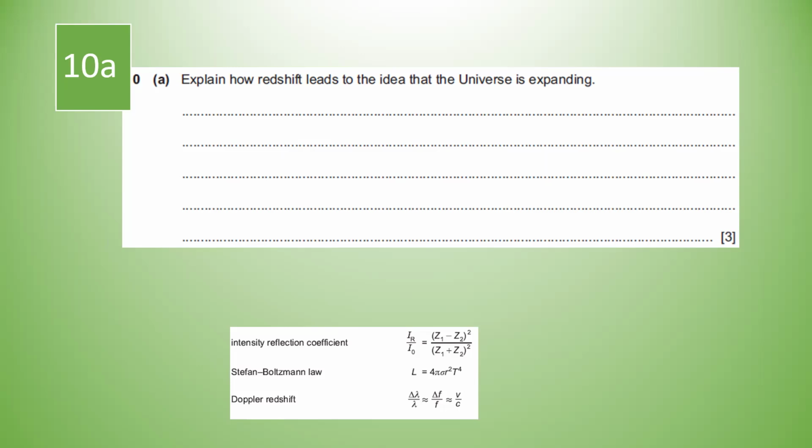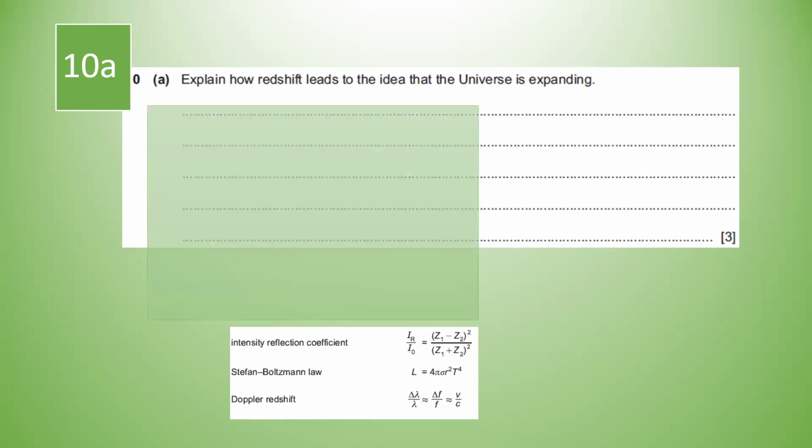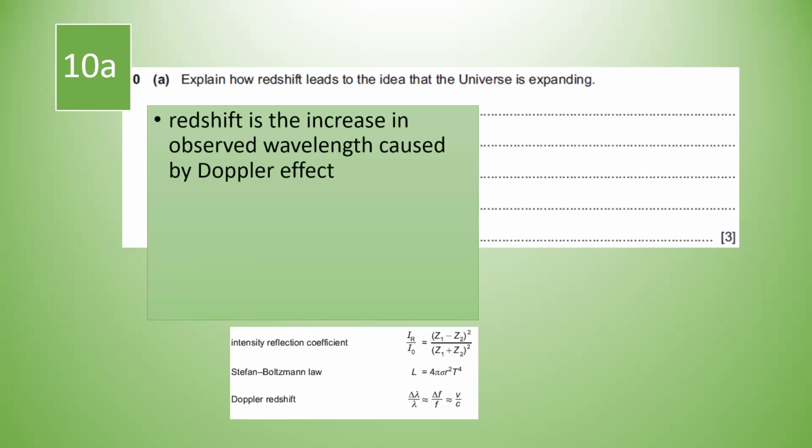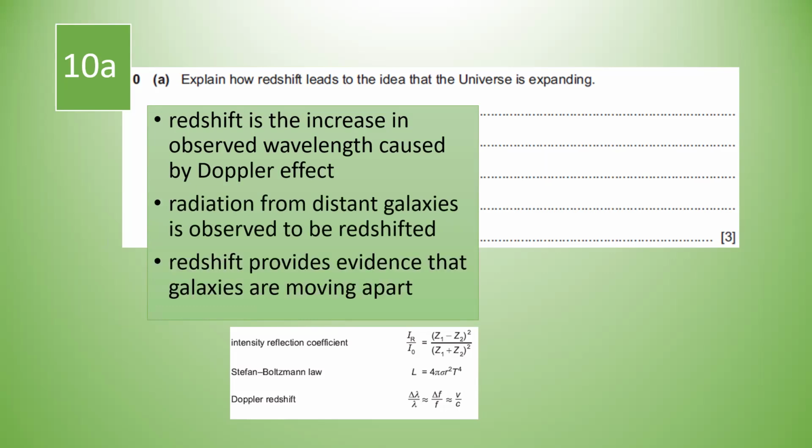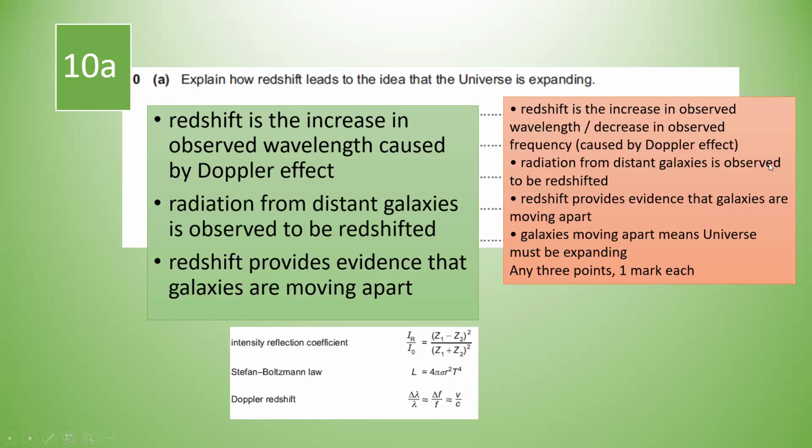What are the other points? Redshift is the increase in observed wavelength caused by the Doppler effect. Radiation from a distant galaxy is observed to be redshifted. Redshift provides evidence that galaxies are moving apart. Okay, these are the various answers that the examiner will accept.